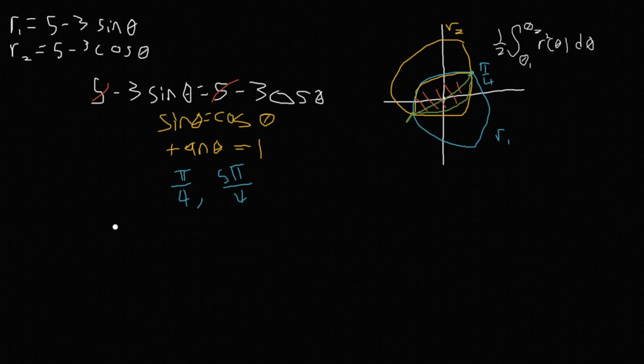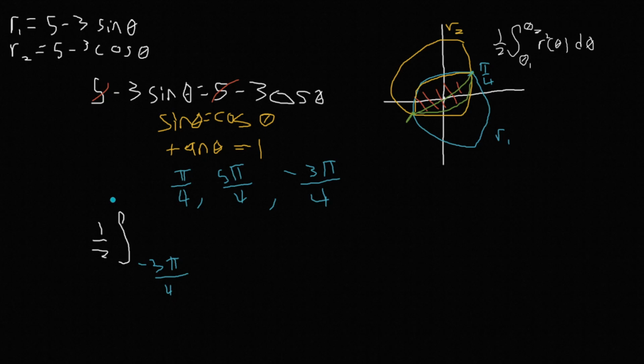Now we have our angles, we can do our integrals. We're going to pull up the half, and we're going to start with this curve, like I said before. This angle, if we go from the negative direction, is actually negative 3 pi by 4. Because if we go around this way, this is 3/4 of a pi, but we're going backwards, so it's negative. So I'm going to say negative 3 pi by 4.